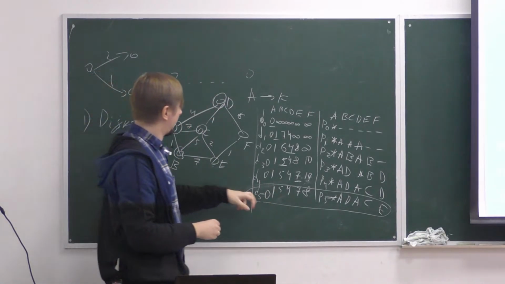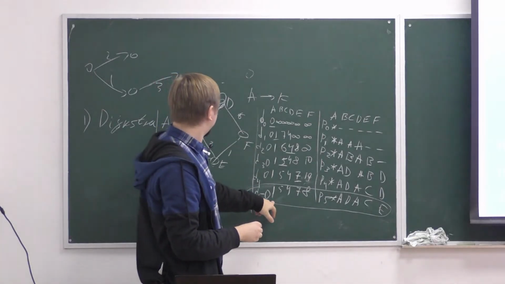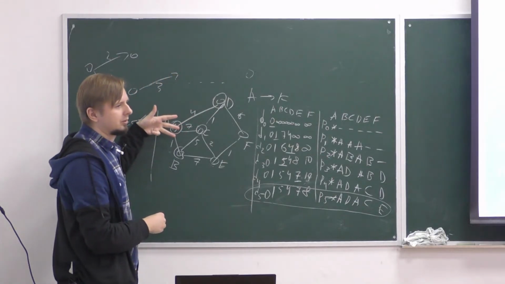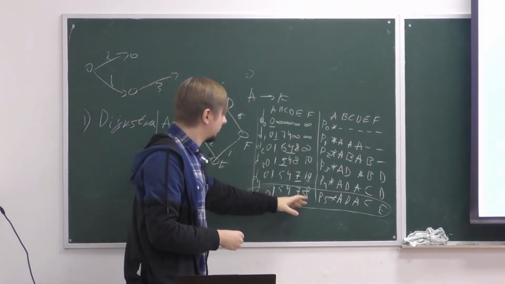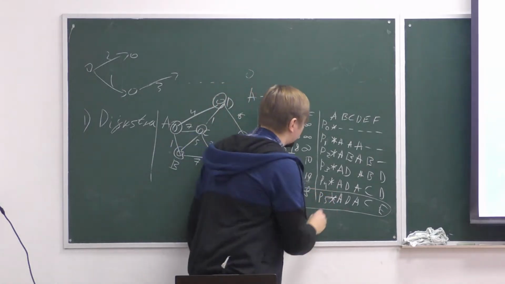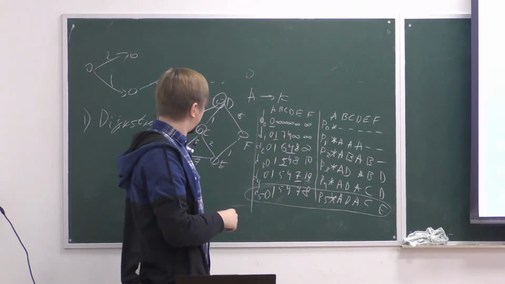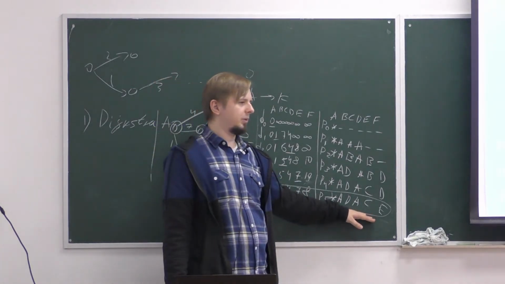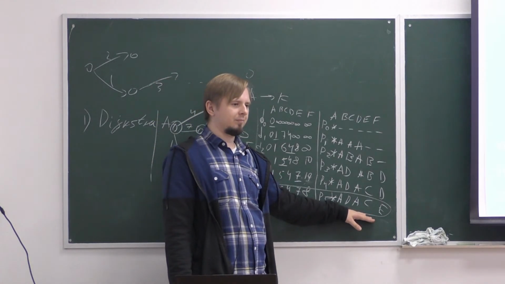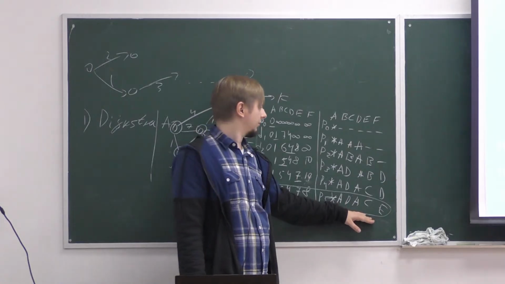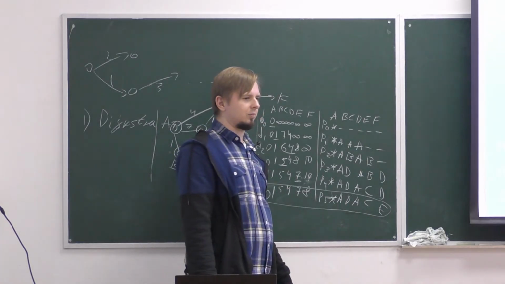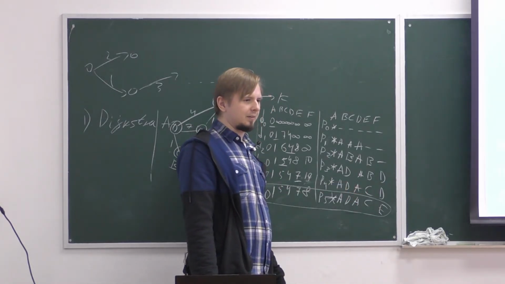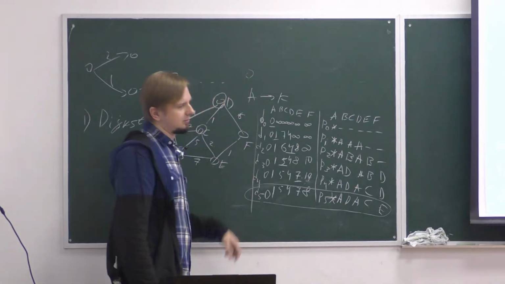So to B, C, D, it will be just the edge. And for another, how do we reconstruct the shortest path if we know this array? Okay, yes, so what will be the shortest path from A to F?